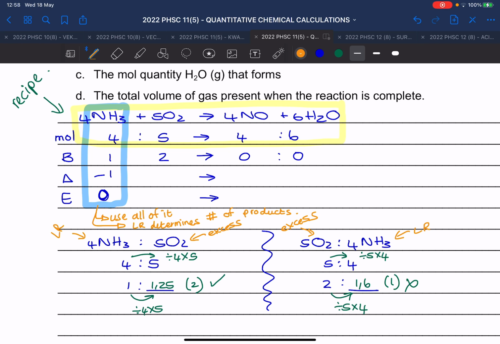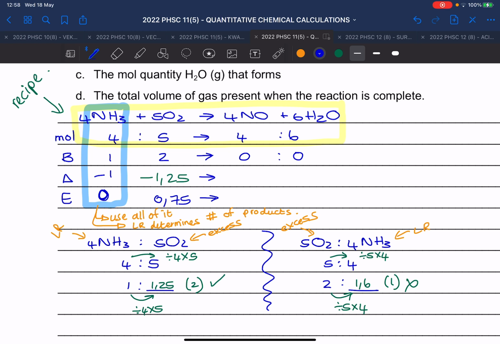Alright. So, important. You determine the limiting reagent. That which is the limiting reagent, we use all of it. And that will determine how much will form or will be used going further. Okay, so we saw that if we use the 1, then we will use 1.25. So there we're going to write minus 1.25. So we had 2, we subtract 1.25. So we have left 0.75.